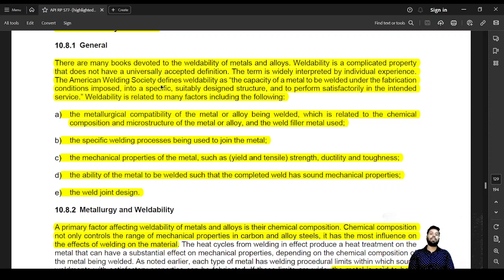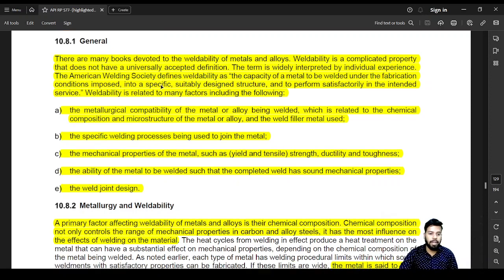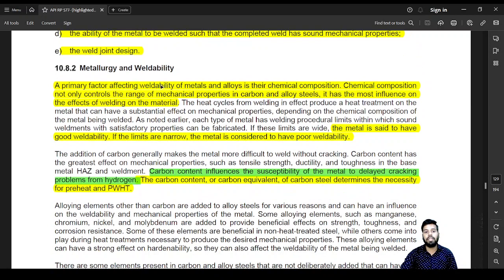Weldability is related to many factors, including the metallurgical compatibility of the metal or alloy being welded, which is related to the chemical composition, microstructure of the metal or alloy, and the weld filler metal used. Other factors are the specific welding process being used to join the metal, mechanical properties of the metal such as yield strength, tensile strength, ductility, toughness, the ability of the metal to be welded such that the completed weld has sound mechanical properties, and weld joint design, metallurgy and weldability.